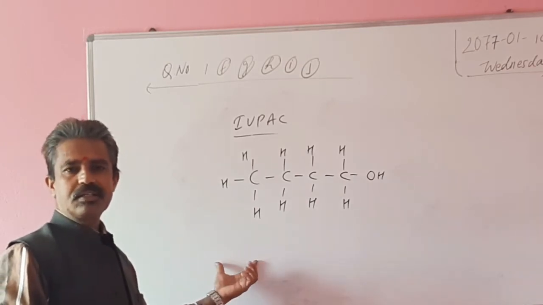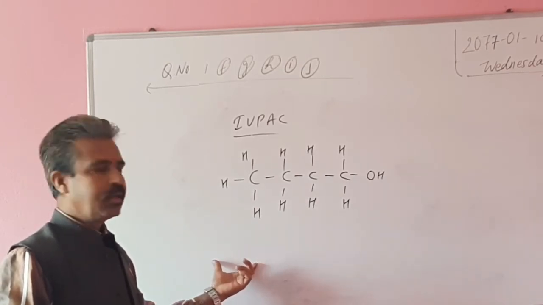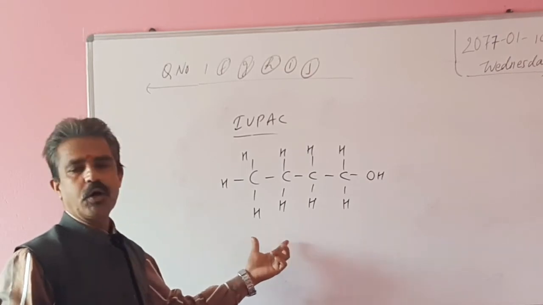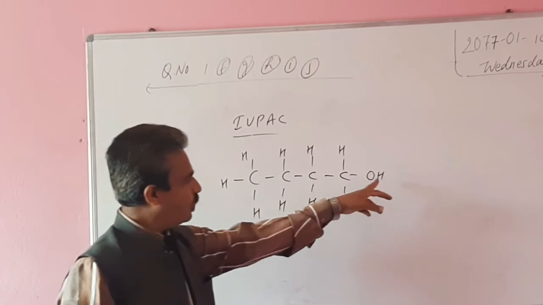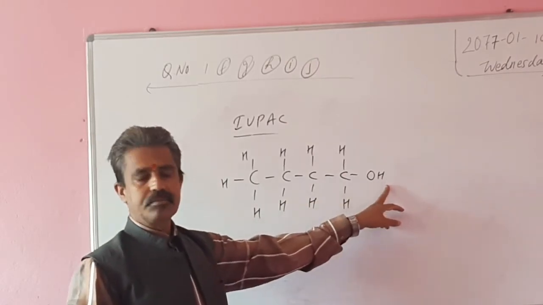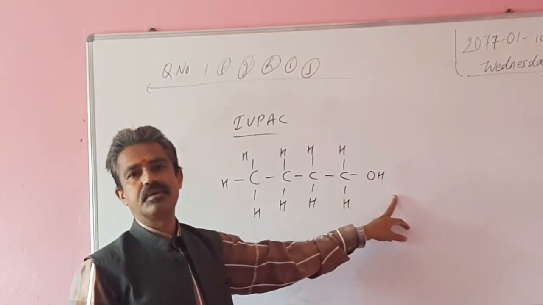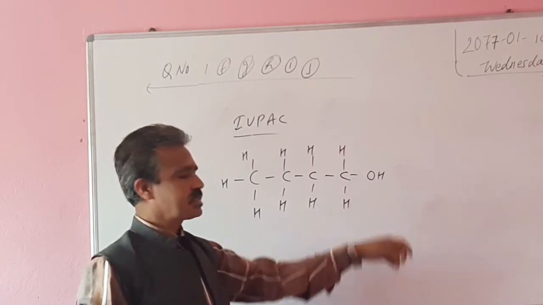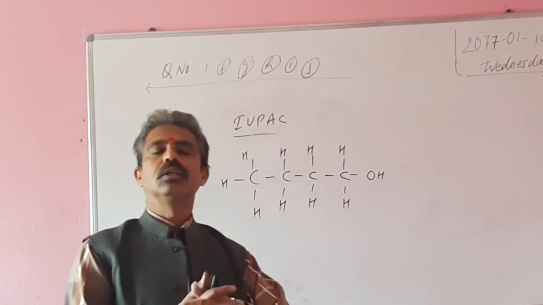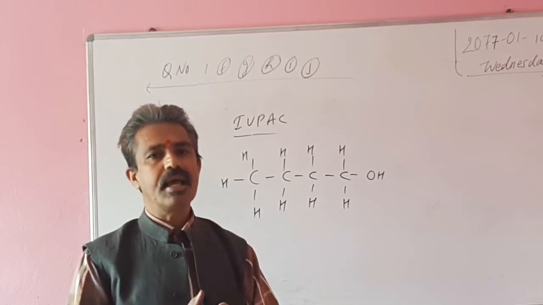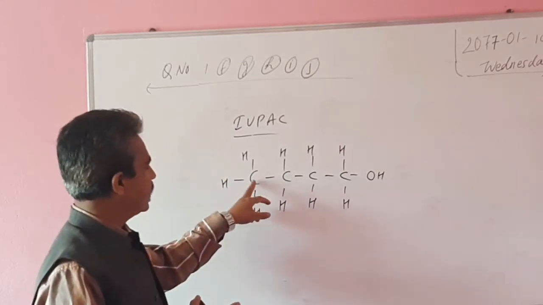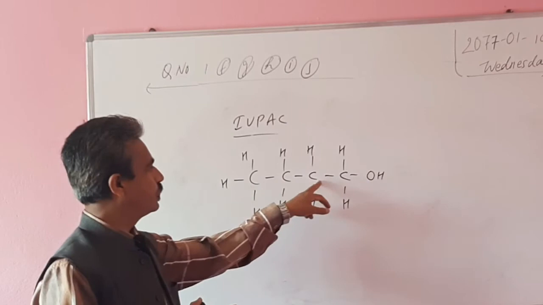Okay, do you know what this compound is? It is alkane or a derivative of alkane. If here was H, it was alkane, but here is OH, which means this is a derivative of alkane. OH is the functional group of alcohol. How many carbons are here? 1, 2, 3, 4.